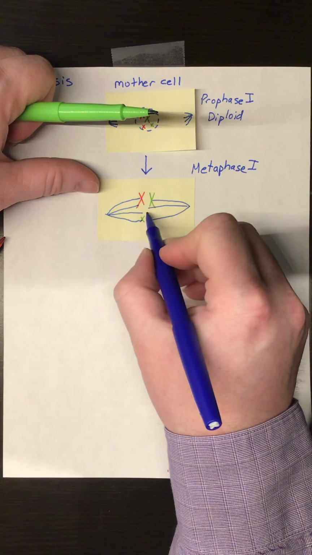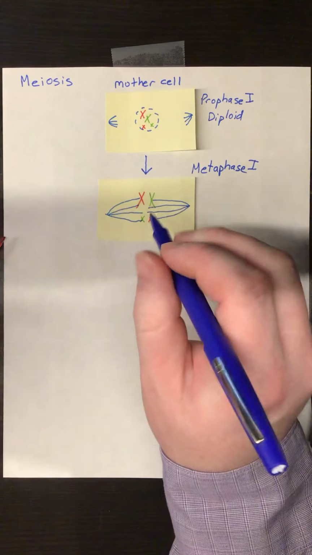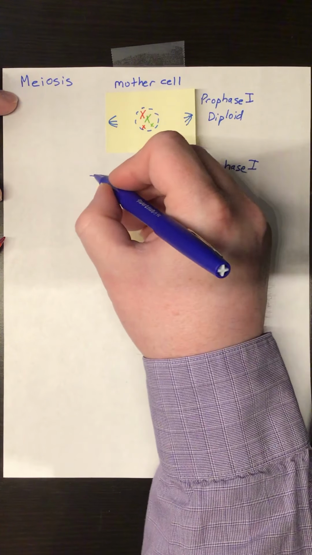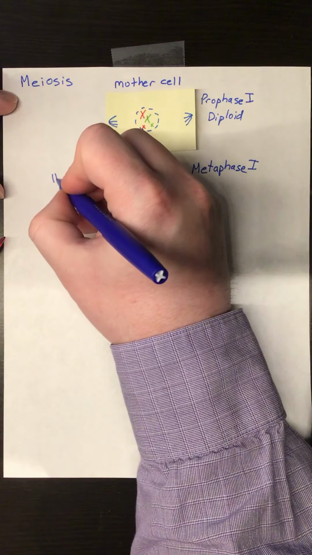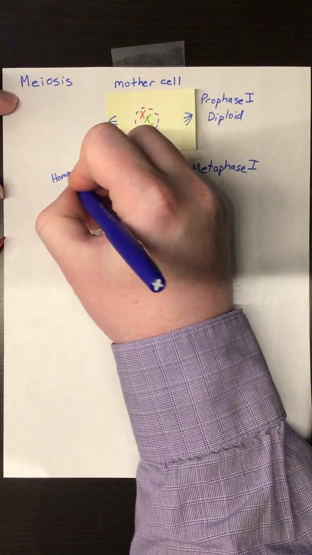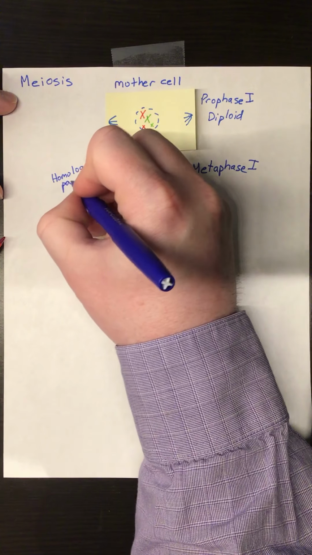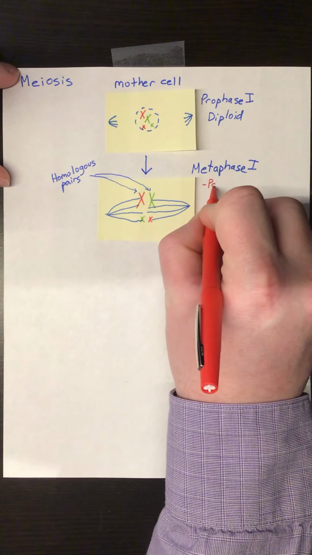So let's draw in that fully formed mitotic spindle there. And these chromosomes actually have a name to them, and they're called homologous pairs. And so in metaphase 1, the pairs line up.